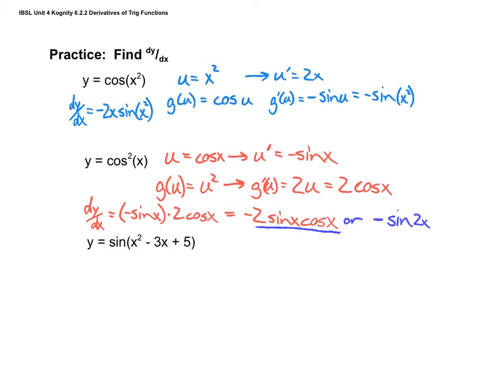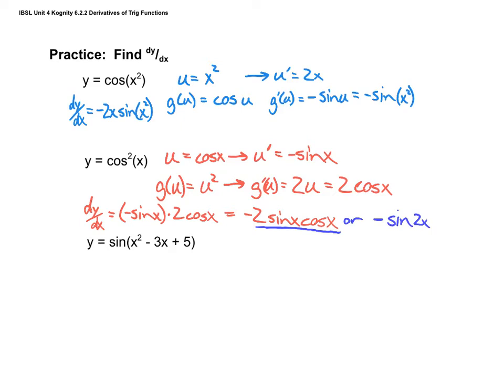Or sometimes you may be asked to show that the derivative equals something. And you get down to negative 2 sine x cosine x, and you think you're done, but they have it as show that the derivative equals this. You may have to go a little further. So that I just want you to be aware of.